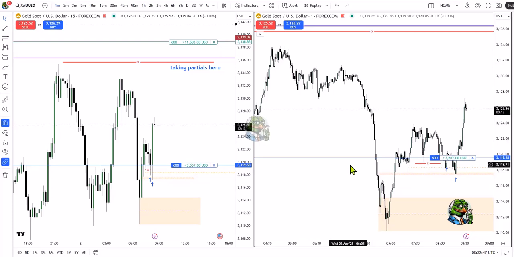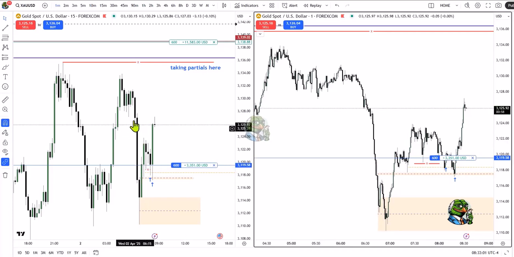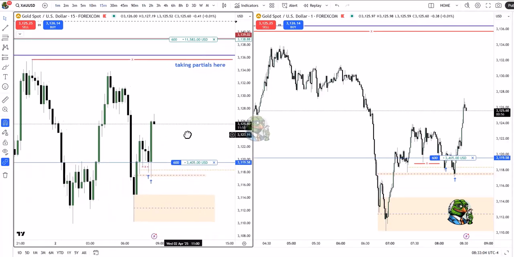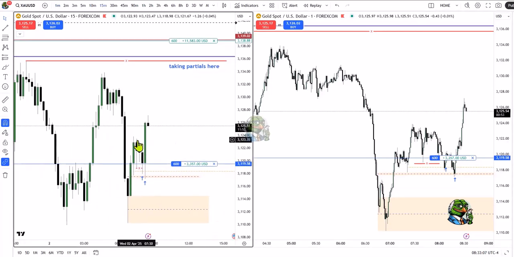Now, when you're starting out and you're a beginner, you want to just target these levels here, at the closure of this down candle. If we look at this on the 15-minute time frame, we have moved up, and the move up started at 7 a.m. Most of the time, that first hour of any session is the manipulation.